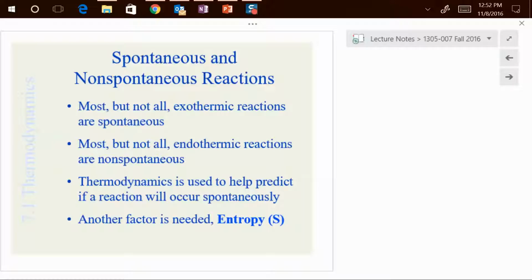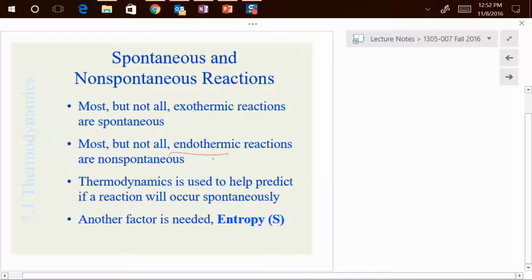Endothermic reactions, for the most part, are non-spontaneous, meaning you have to add energy to them to get them to occur. You have to keep feeding it energy in order for that non-spontaneous process to occur. Spontaneous processes occur without the additive energy. They just occur spontaneously on their own without any extra help.